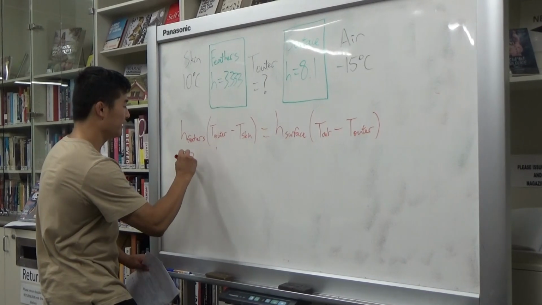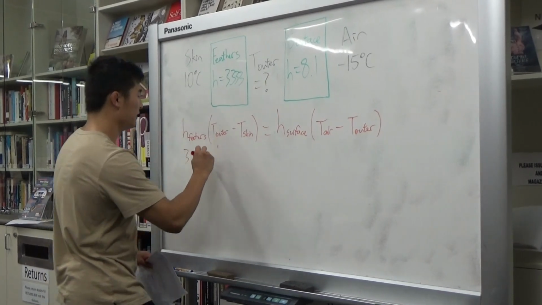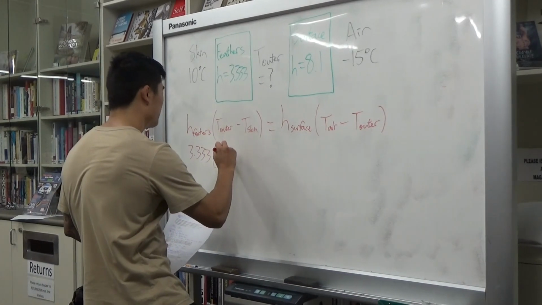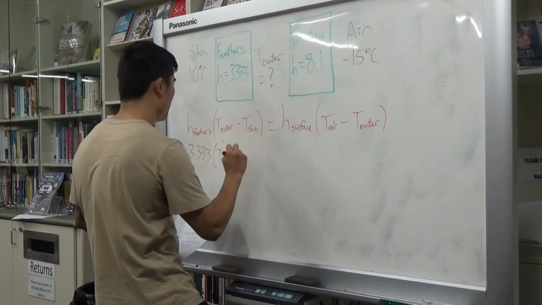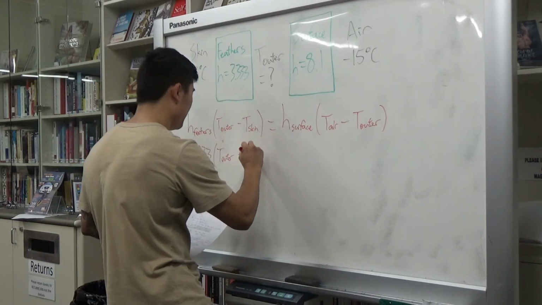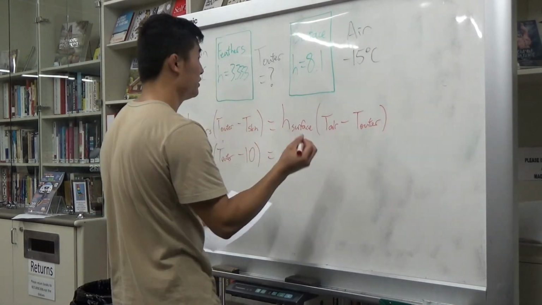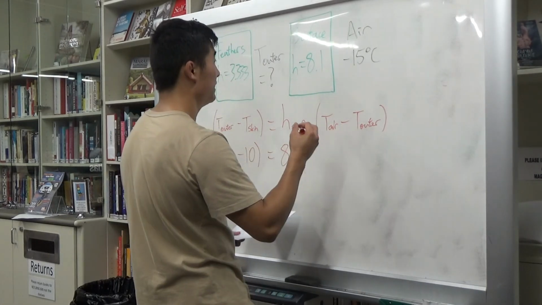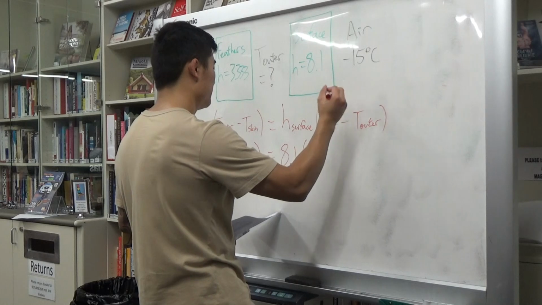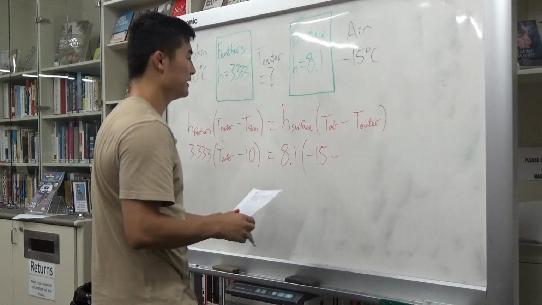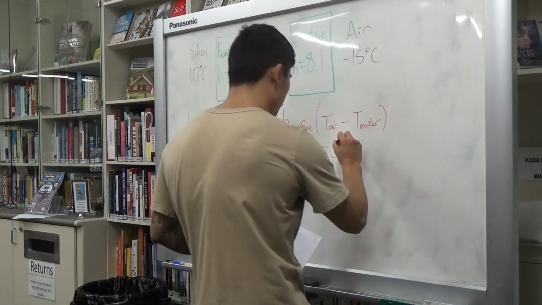So 3.333 times T outer minus T of skin, which is 10, is equal to 8.1 times negative 15 minus T outer.